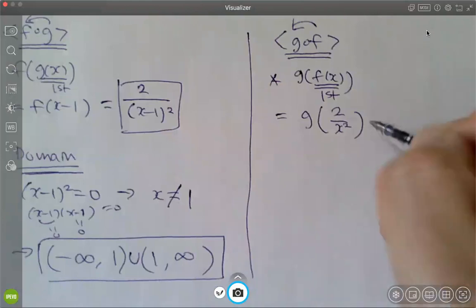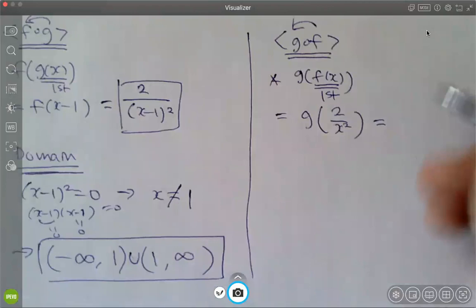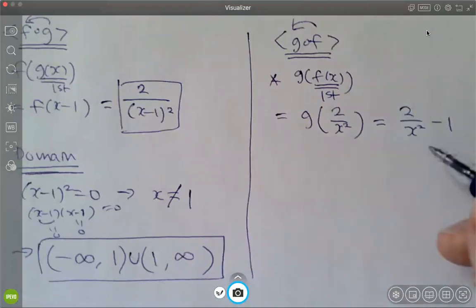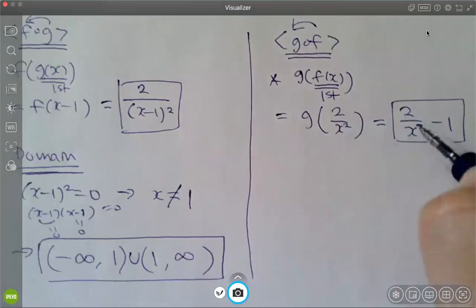We replace x in g by 2 over x squared, but that's just the same thing as this: 2 over x squared minus 1. Of course, you can express this as a single fraction using the LCD, but I'm not going to do that because that's not a hard task.